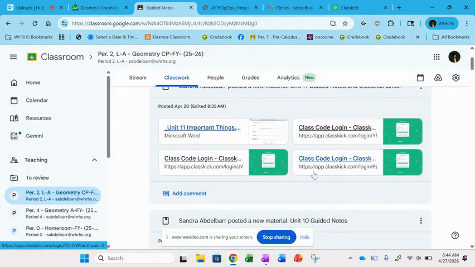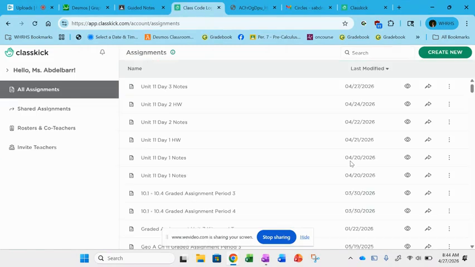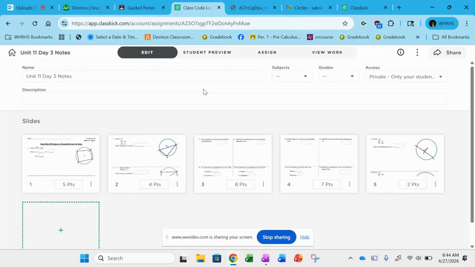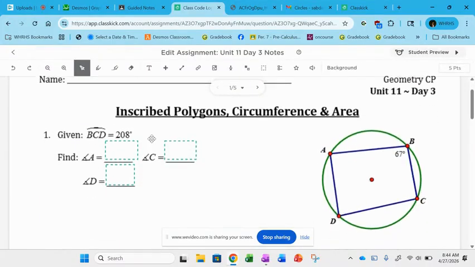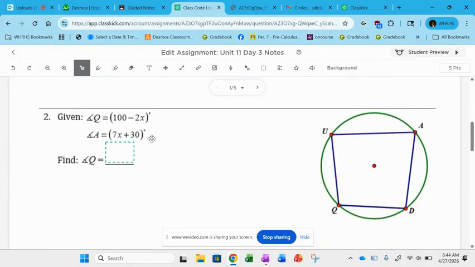So the class kick is the second one in the second column. Let's skip this do now and go right into the lesson.